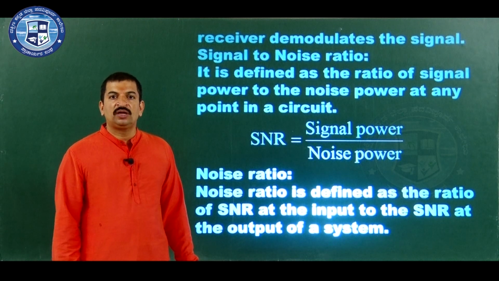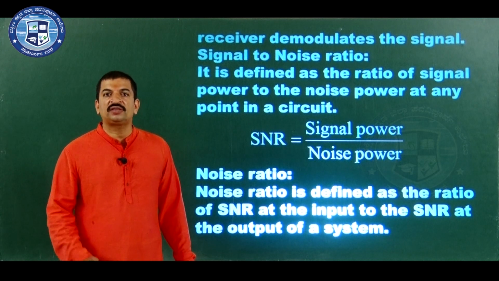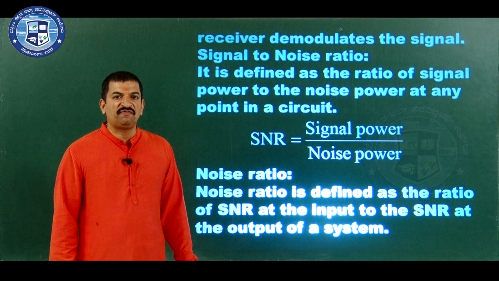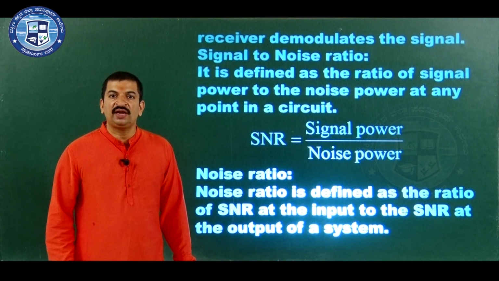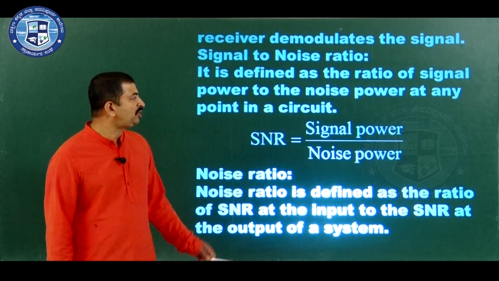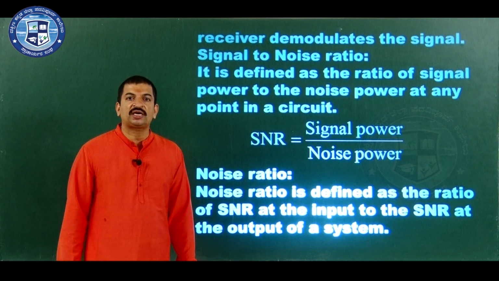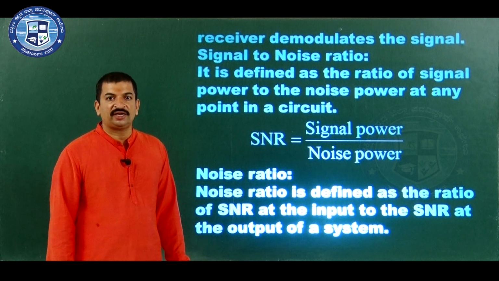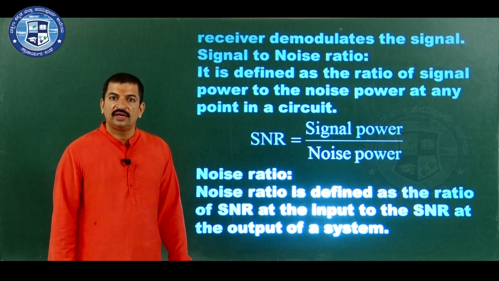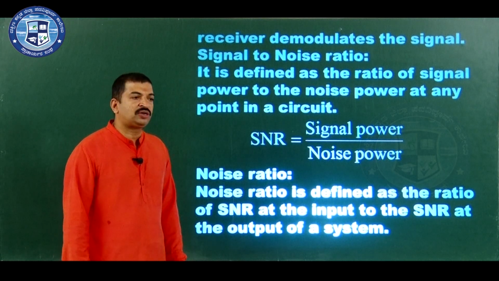Usually, the signal power should be greater than the noise power. If the signal power is less than the noise power, we can hear only the noise. So, this is one of the parameters which is used to check the power level of the signal at different points on the receiver.